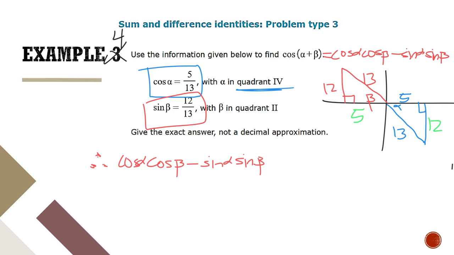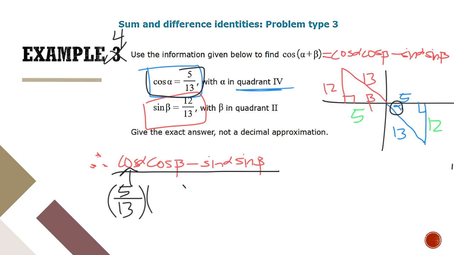Now, when we're looking for this, we will look at the cosine of alpha, which is 5 adjacent over hypotenuse, which we already knew. And then the cosine of beta, which is right here, is also adjacent of 5 over 13. But there's one thing we should note: x is negative here, and this is negative 12 for this value.